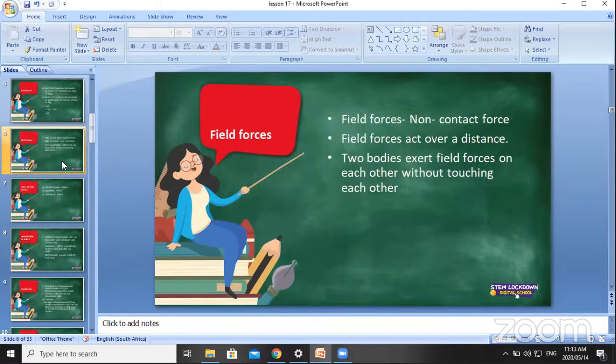Field forces act over a distance, so there is a distance in between, and that's why you call it a field force. Two bodies exert field forces on each other without touching each other. They react at a distance and do not touch each other. That's why you call them field forces.